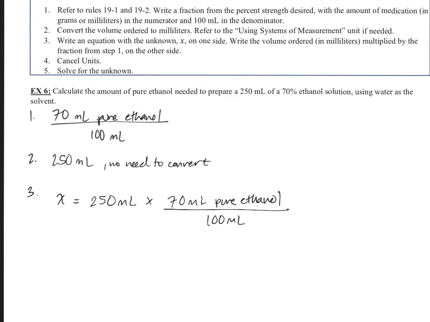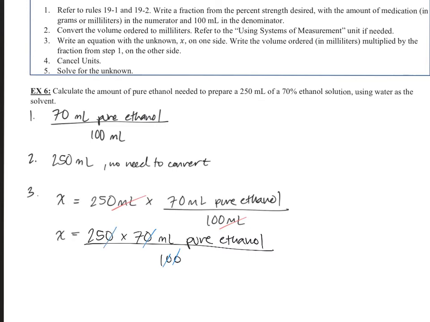We can cancel out the milliliter unit, and we're left with x equals 250 times 70 milliliters pure ethanol all over the 100. Okay, we can cancel out those zeros, and then we're left with 25 times 70, which will give us 175 milliliters of pure ethanol.